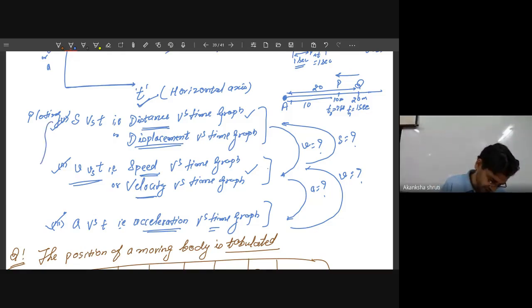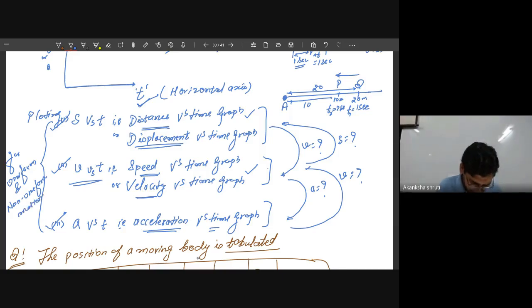So each of these three can be drawn for uniform and non-uniform motion. So this way we can understand each of these three types of graph can be of two types.